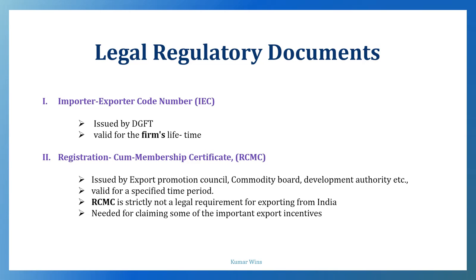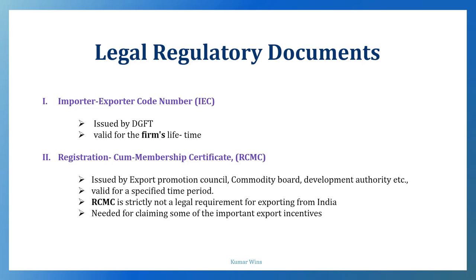Then one more document is RCMC, that is called registration cum membership certificate, and RCMC is issued by Export Promotion Council, Commodity Board, Development Authority, etc. Unlike IEC, RCMC is valid for a specified time period and is strictly not a legal requirement for exporting from India, but it is needed for claiming some of the important export incentives.